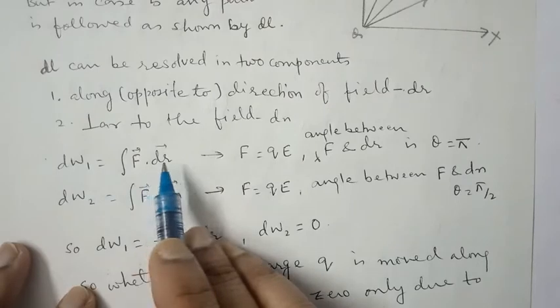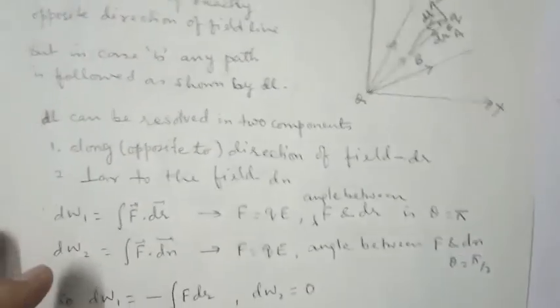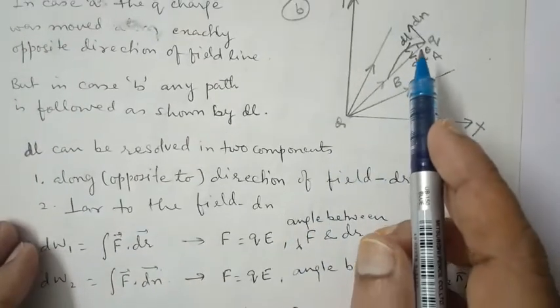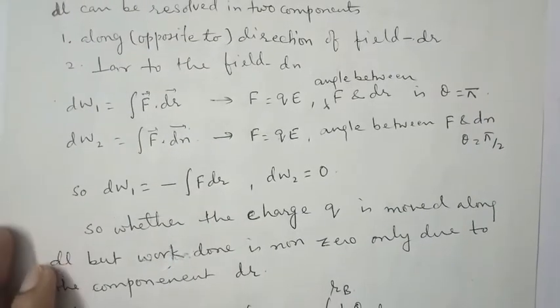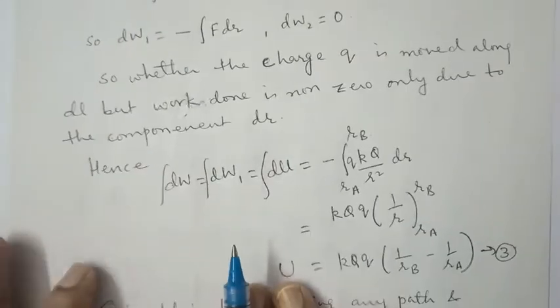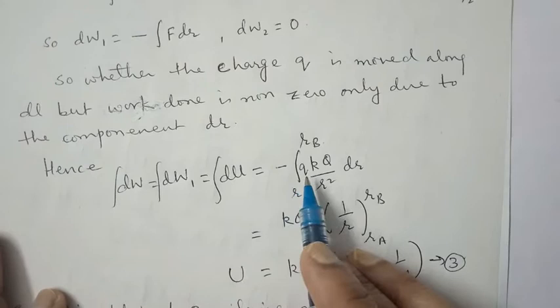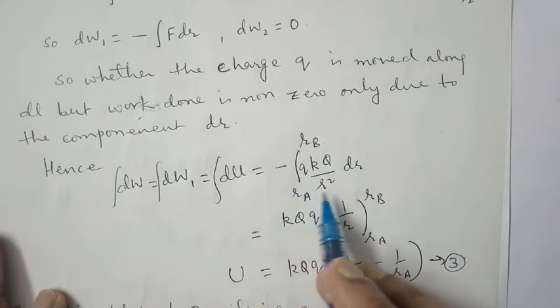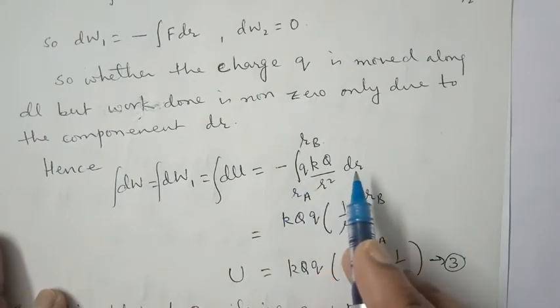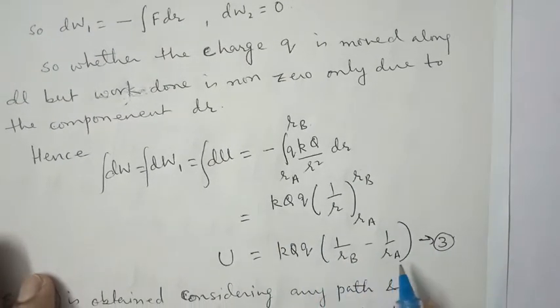That means the only work done is this. So we have got dw1 only as the work done in moving the charged particle in any path. So the expression for work done remains the same as the initial one, minus KQq upon r square into dr, and integrating it we get exactly the same expression.